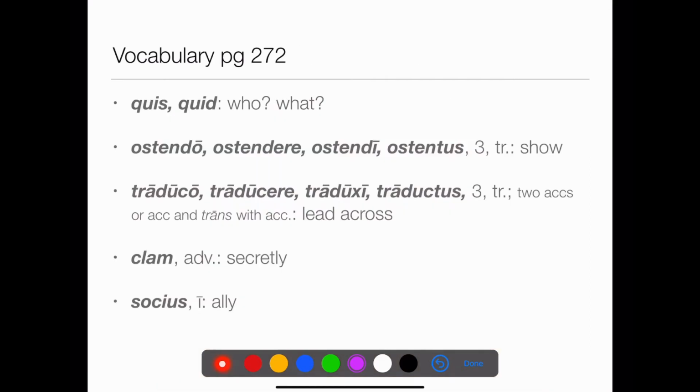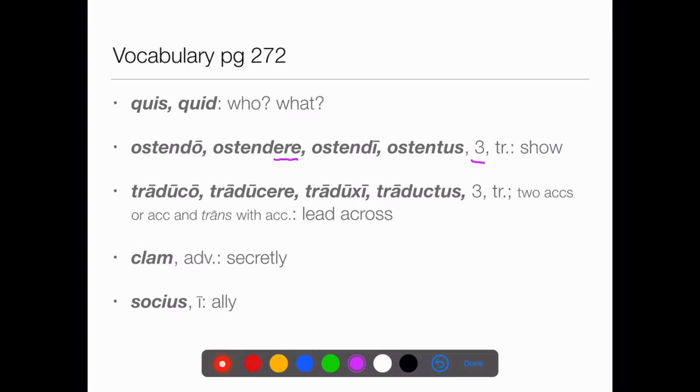There's new vocabulary for this section. On page 272, you'll see these words listed. There is quis, quid, which means who or what. There is ostendo, ostendere, ostendi, ostentus, which is a third conjugation verb that means to show.